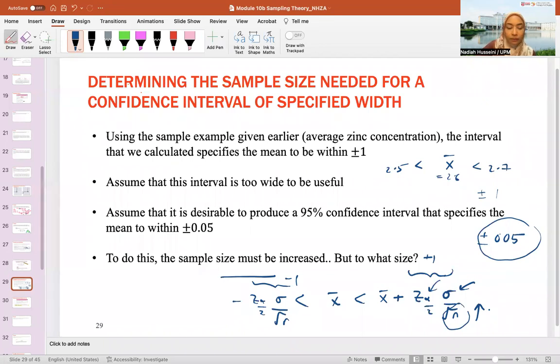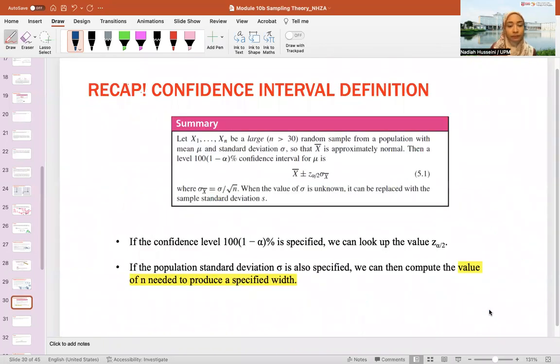Okay, so with that, I have a new equation. Let x1 up to xn be a large random sample from a population with mean of mu and standard deviation of sigma, so that your sample mean is approximately normal. Then this follows the central limit theorem.